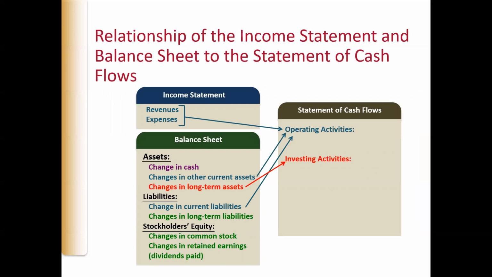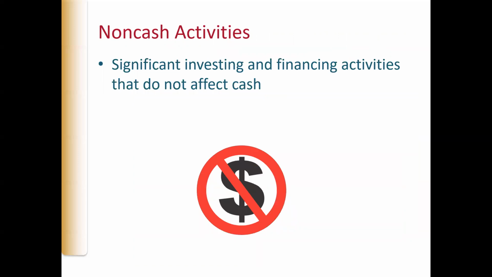For the investing activities, all we need are the changes in long-term assets. For the financing activities, we'll need changes in long-term liabilities, along with the stockholders' equity section. So this helps you understand what sources we'll gather to get the information for the various sections. And anything to do with non-cash activities aren't a part of the statement of cash flows.